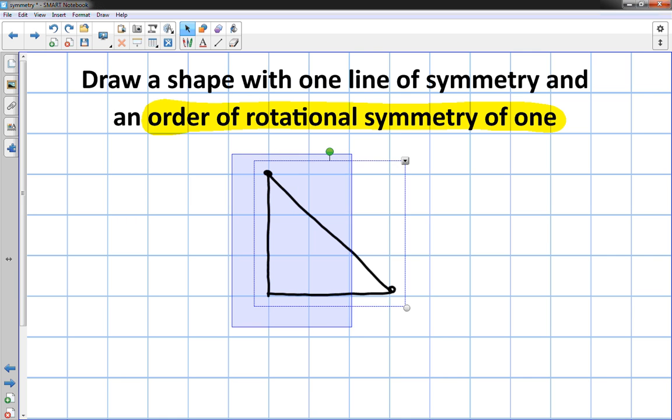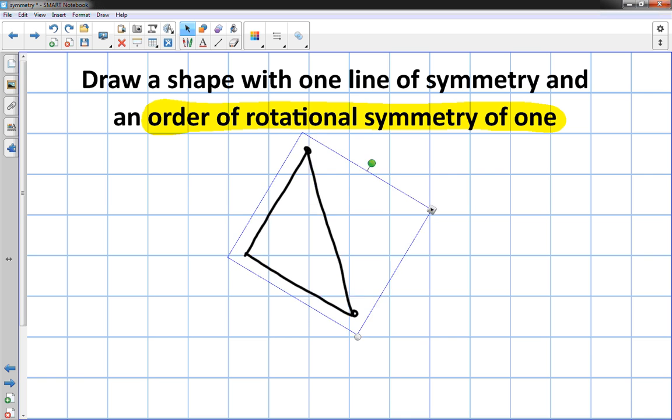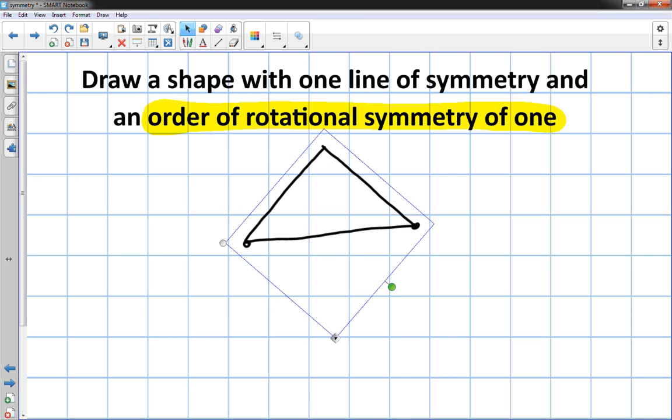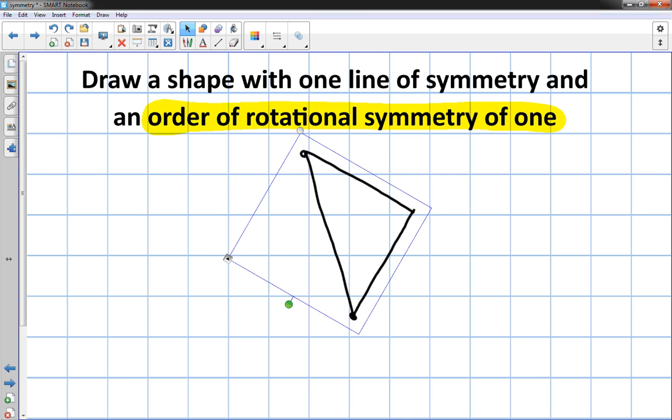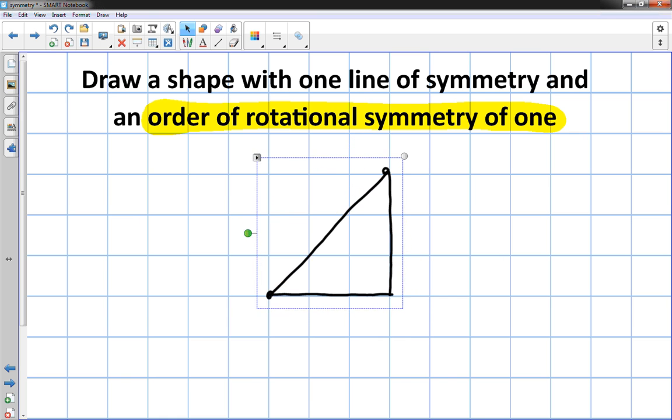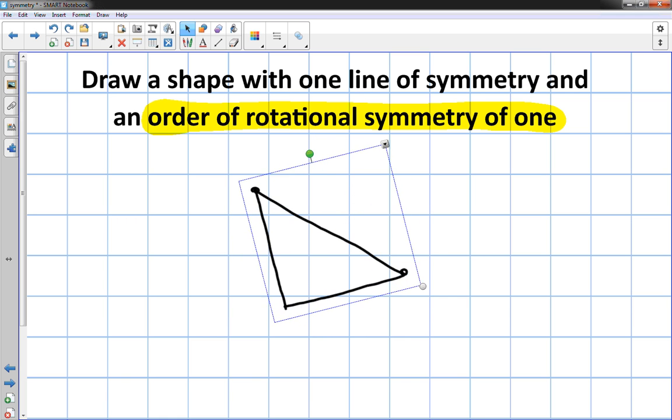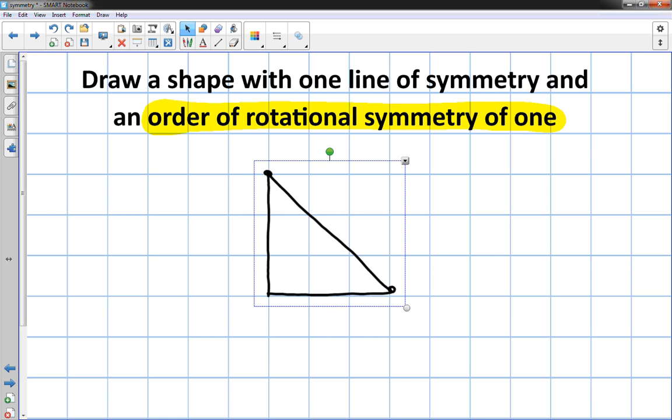The only thing that's going to happen is that as you rotate it, it's going to go a full circle and then land on top of itself again. So that would be an order of 1, which means it has no rotational symmetry. So I'm going to rotate it. You could do this by moving your book, and there it landed on top of itself again at the very end of the rotation. So that shape would work.